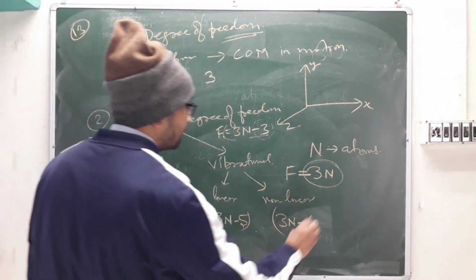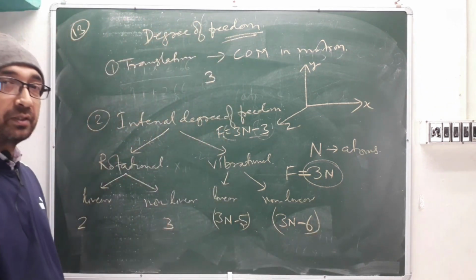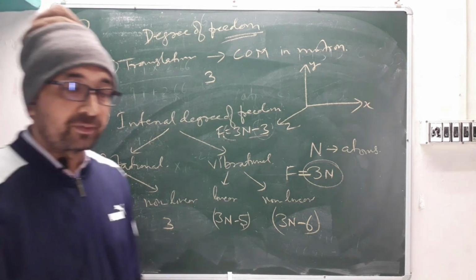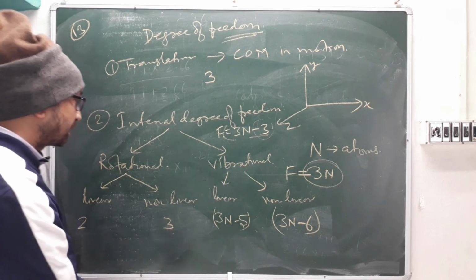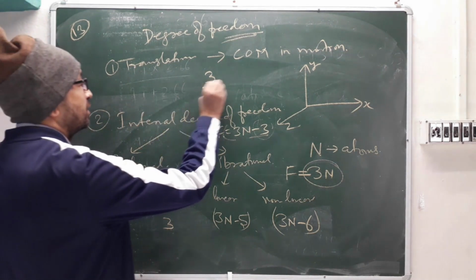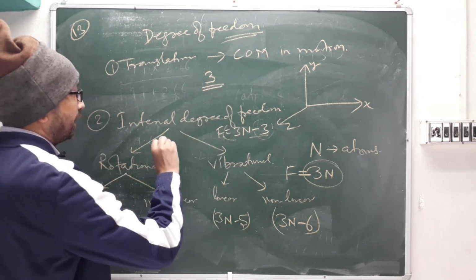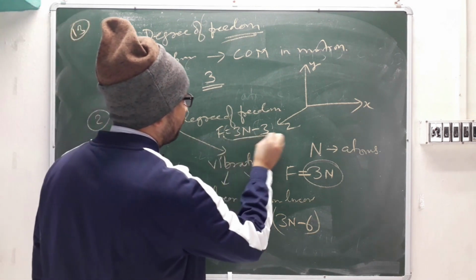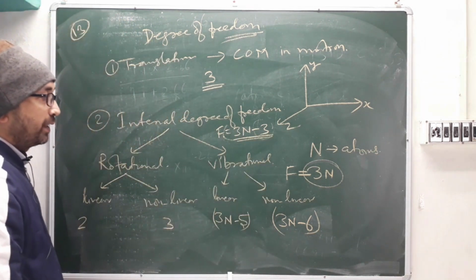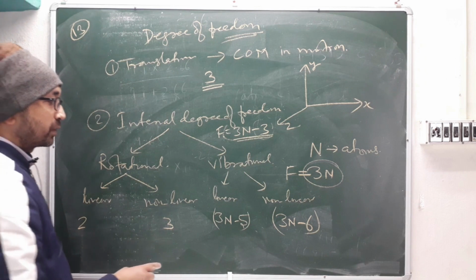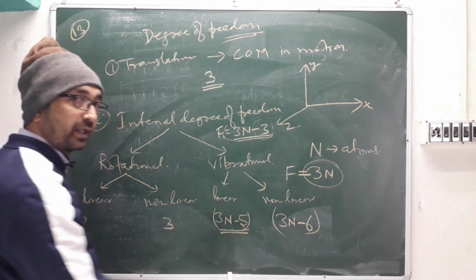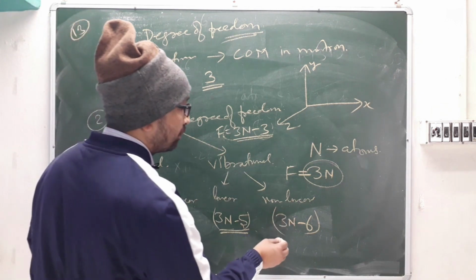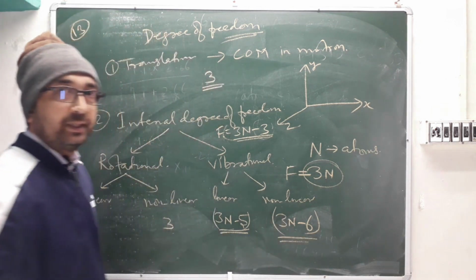These are the formulas. Translational is always 3, and internal degree of freedom is always 3n minus 3. For vibrational, for a linear molecule it is 3n minus 5, for a non-linear molecule it is 3n minus 6, correct?